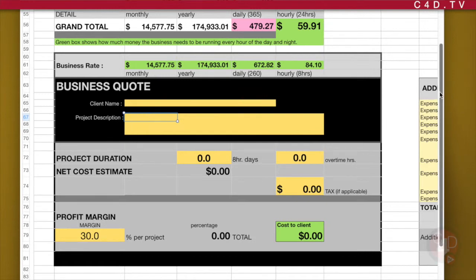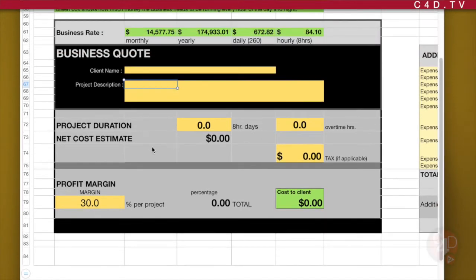Okay, now the same as before, you can have the project duration. Now that you're a company, you have to figure out what the duration of this job is. Usually companies, even if it is a one-person company, get larger projects because they are a company. They have a name. Okay, so in this case, for example, let's say the project duration is 15 days. Are you going to have your employees work overtime? Maybe you do.